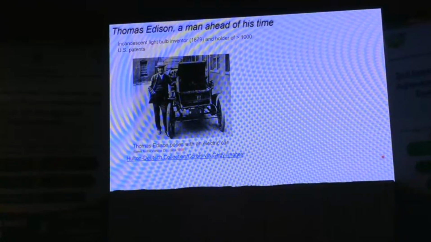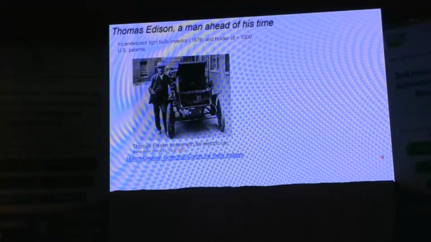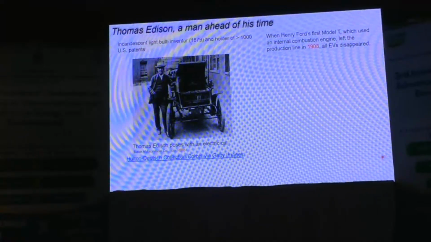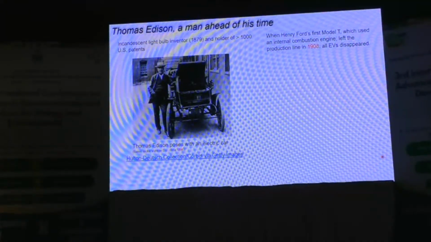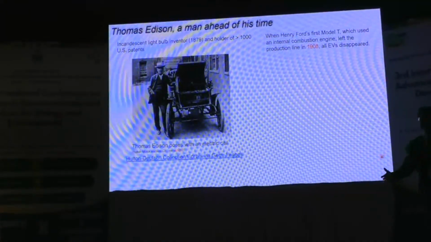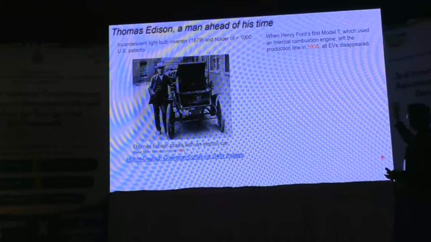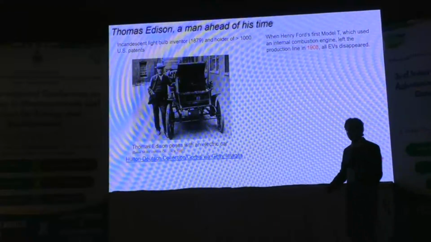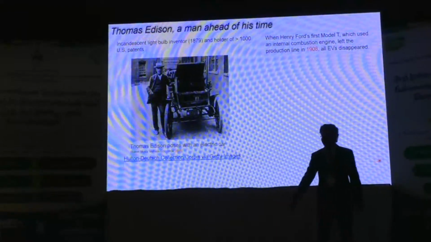But unfortunately for Thomas Edison, what happened is that Henry Ford's first Model T internal combustion engine then hit the manufacturing line. Okay, so you see that it's only about 10 years, right? A little over 10 years, 13 years to be precise. In 13 years, the whole world changed for Thomas Edison, and nobody ever bothered about the electric car.